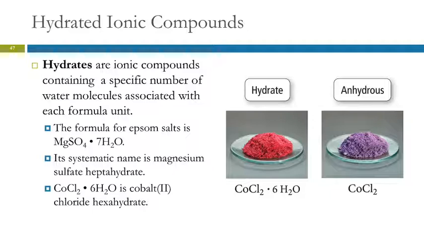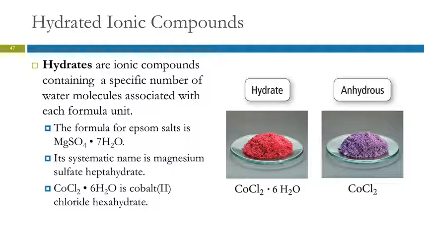Some ionic compounds, when they form crystals, will incorporate a particular number of water molecules into their crystals. And so this is different than just having wet salt. Here there's a definite ratio, a definite proportion between the ions and the water molecules.